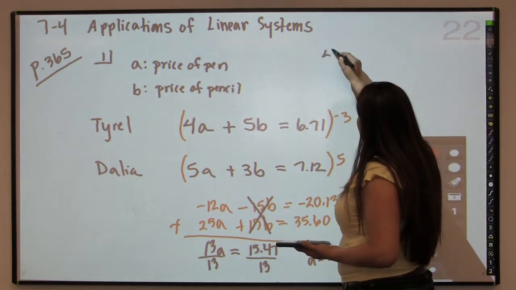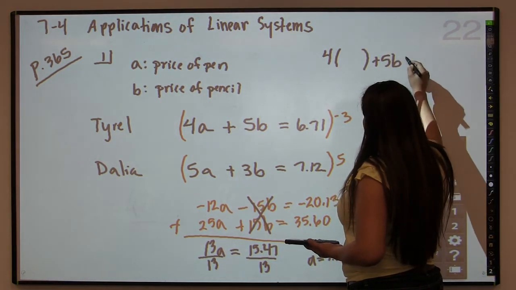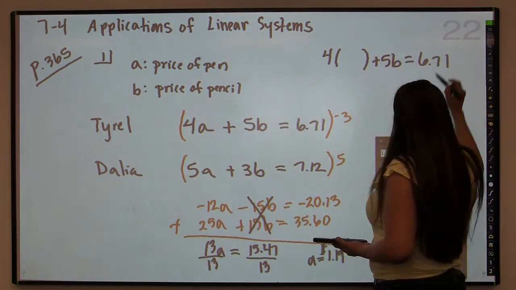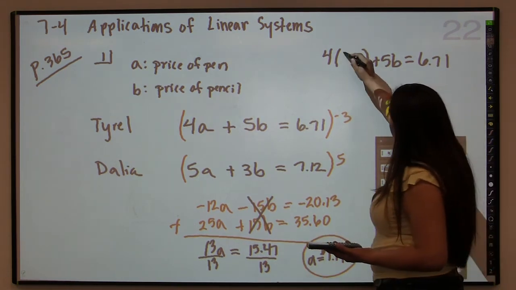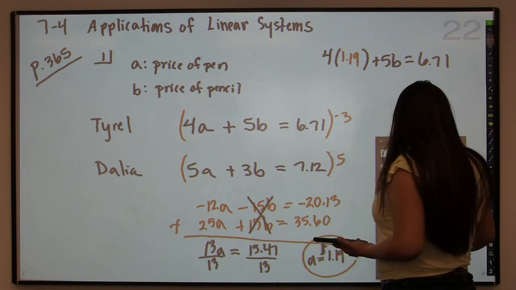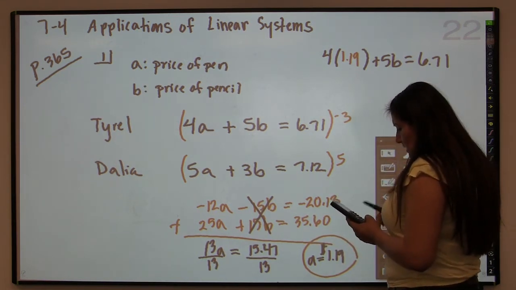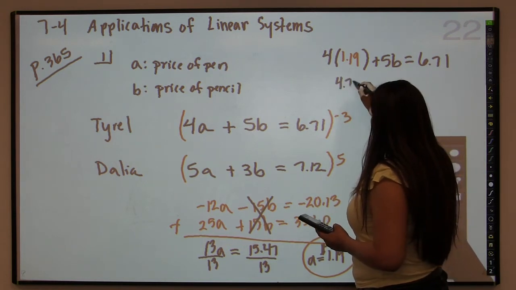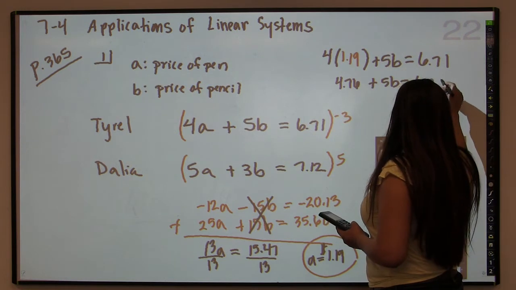So 4 times A plus 5B is equal to 6.71. And we know from here that A is $1.19. So we plug in $1.19 there. And we get 4 times $1.19 is 4.76 plus 5B equals 6.71.